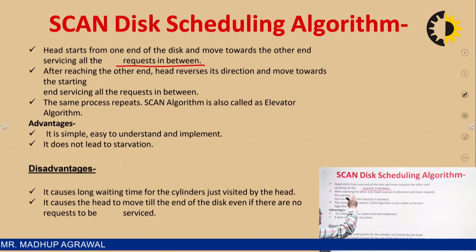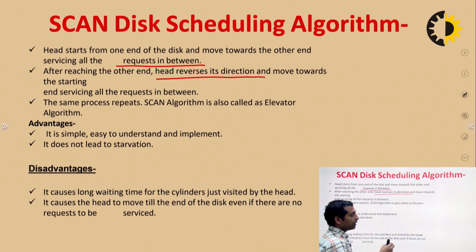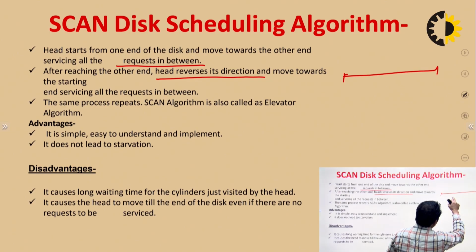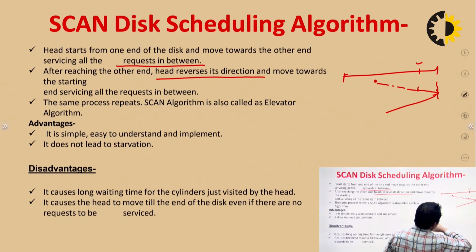After reaching the other end, the head reverses direction. If the total scale is this one, then our head starts from this one, serving all the requests, and even if the last request in this direction is this one, our head moves to the last point as well, and then reverts back.